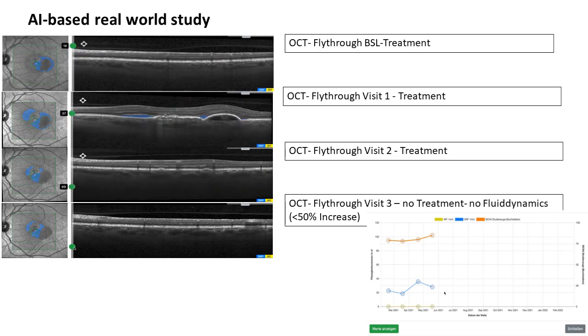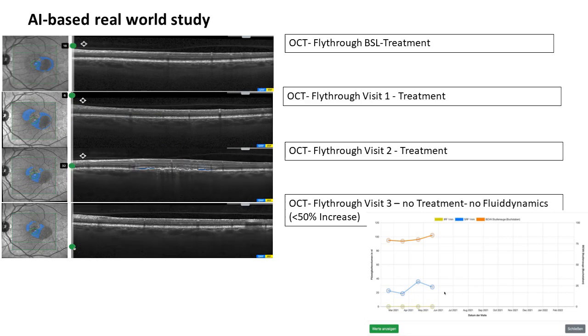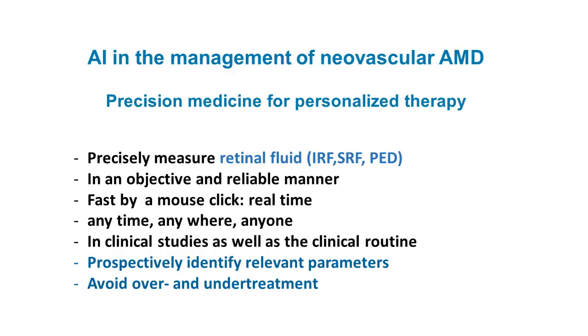Then you see that at the next visit still subretinal fluid is there, but it is 40% less, and this is the last presentation that we have of this patient so far. We can then also, very user-friendly and perfectly aligned to the flow of patient management, retrieve every single visit on this chart without having to go into the image registry.